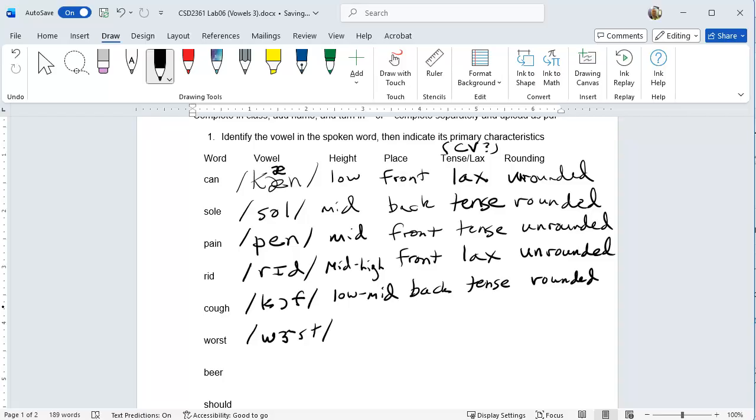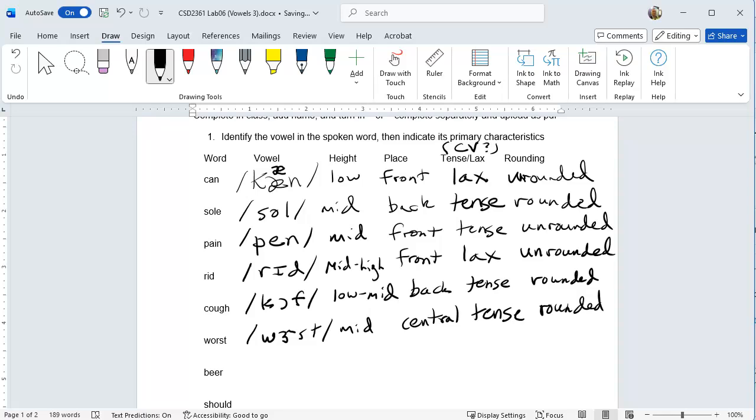It's technically called a backward epsilon, but it looks like a 3. All right, that is mid. That is also mid front to back, which the term for that is central. And then tense or lax. We do have words like just were without a consonant on there. So that's a tense vowel. And our rhotic vowels are rounded.